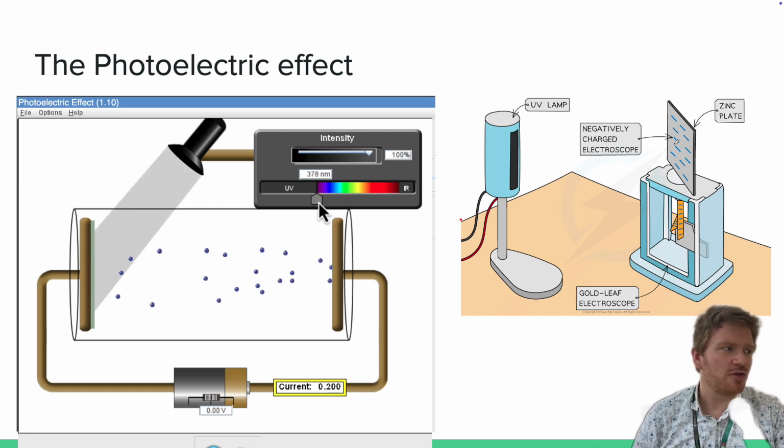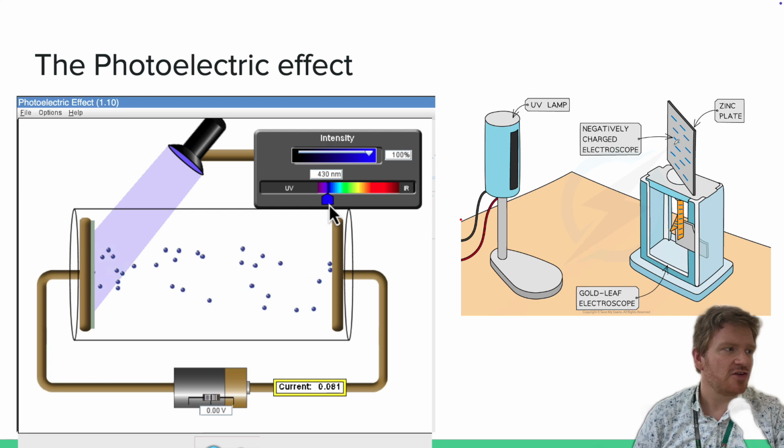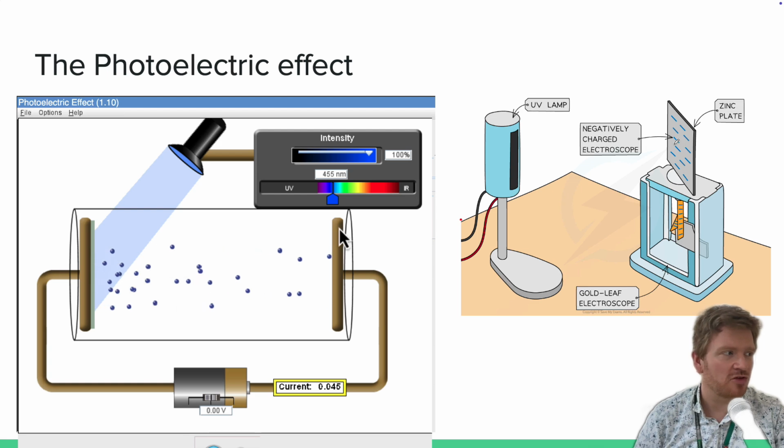So we have two things that start to depend on different variables. The maximum speed of these electrons seems to depend on the wavelength. As I turn the wavelength of this down and down, these electrons start to get slower and slower.